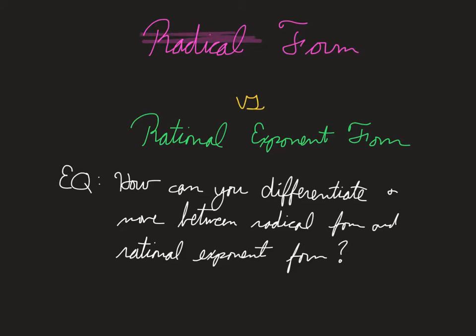So radical form. A radical is just a fancy way of saying a square root symbol. So if there is a square root symbol, that could also be read as radical of 4. Okay, so this symbol right here, not the radical of 4, but this symbol right here is a radical. The 4 itself is what we call the radicand.